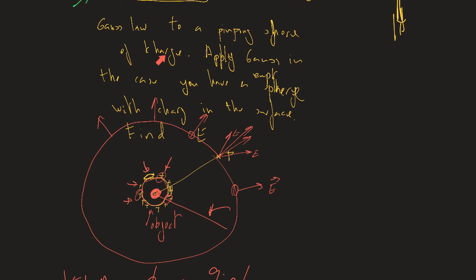The charge is on the surface. I'm going to apply Gauss' law to this problem: a sphere that is empty, with a charge on its surface, and the density of charge, the charge per unit of area, is constant.